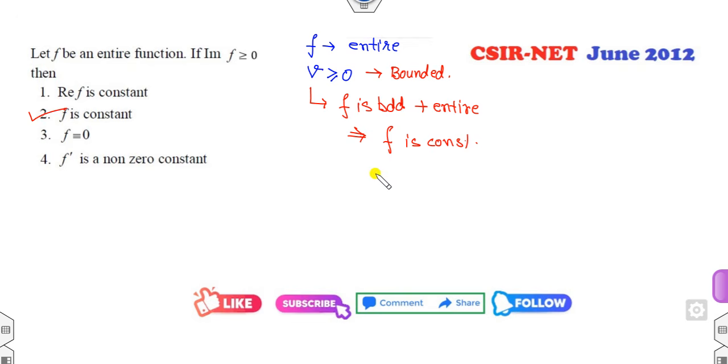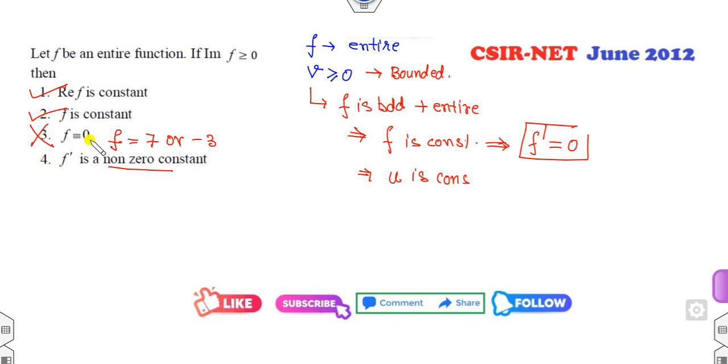If f is constant, the real component is also constant. That's 2. F is 0 is not necessary because the constant may be 7 or -3 and so on. F dash is a non-zero constant, but if f is constant, what is f dash? 0, but it said non-zero. So A and B are the correct options of this problem.